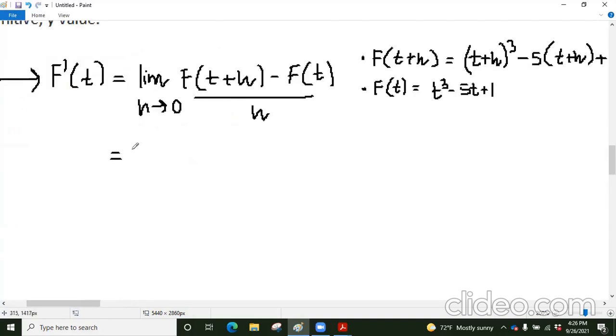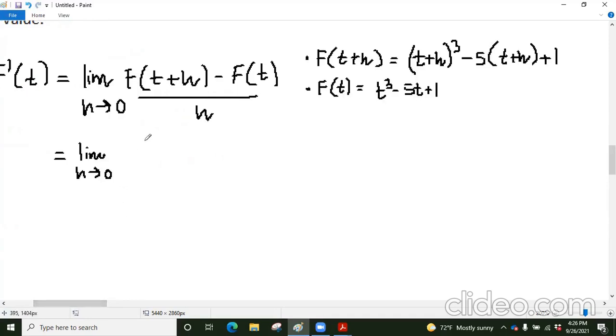So we'll say that the limit as h approaches 0 is essentially going to be t plus h cubed minus 5 times t plus h, plus 1, and then over h.